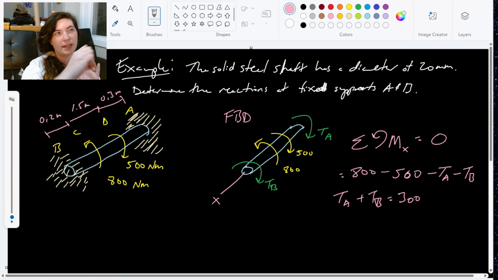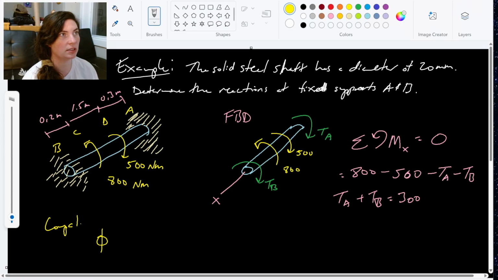Even if we tried to rotate it, you might see some rotation in the middle, but it'll even back out as it gets to the end of each wall. It is stuck to the walls. It cannot rotate. So what that tells us is that for our compatibility chunk here, our angle of twist is going to be 0.